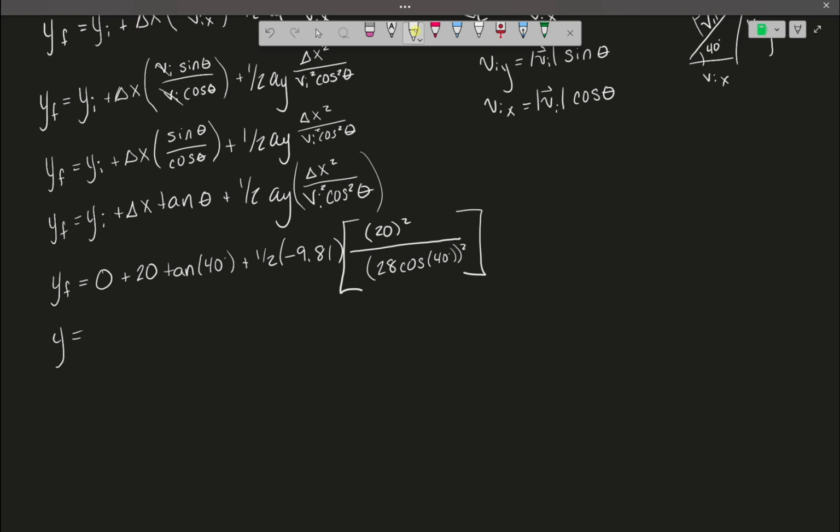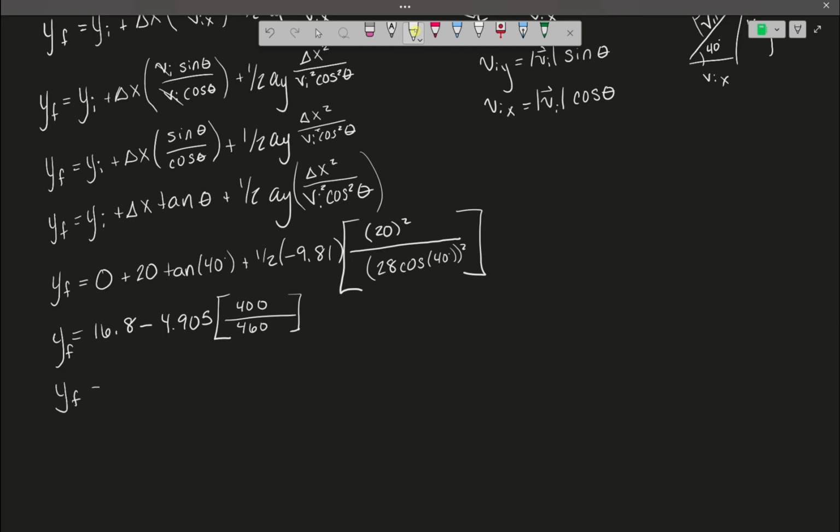So 0 plus, let's call this 16.8. I'm going to round it. Hopefully that doesn't bite us later. This is a negative sign, that'll come out, so it'll be 16.08 minus 9.81 times a half, 4.905. This will be times 400 over 460.